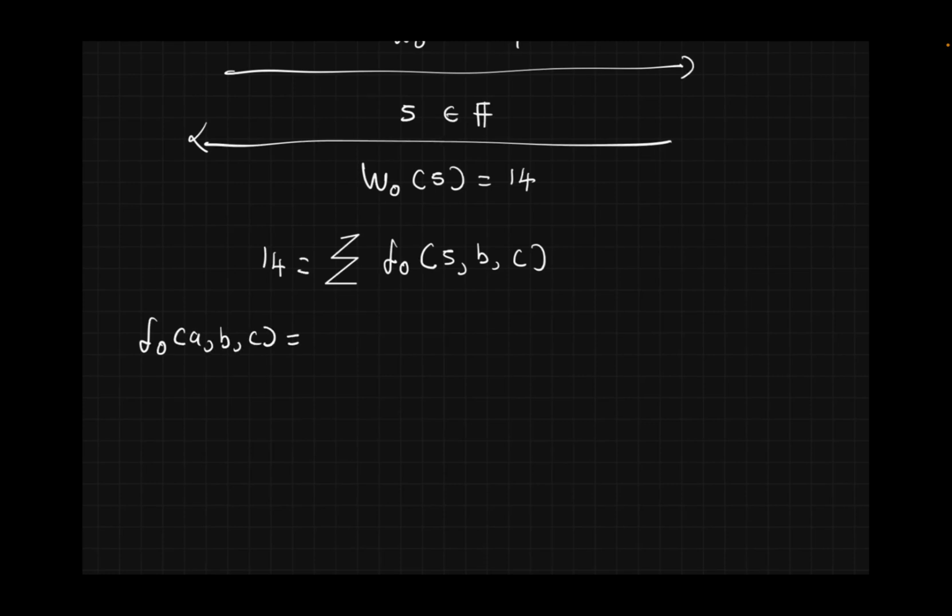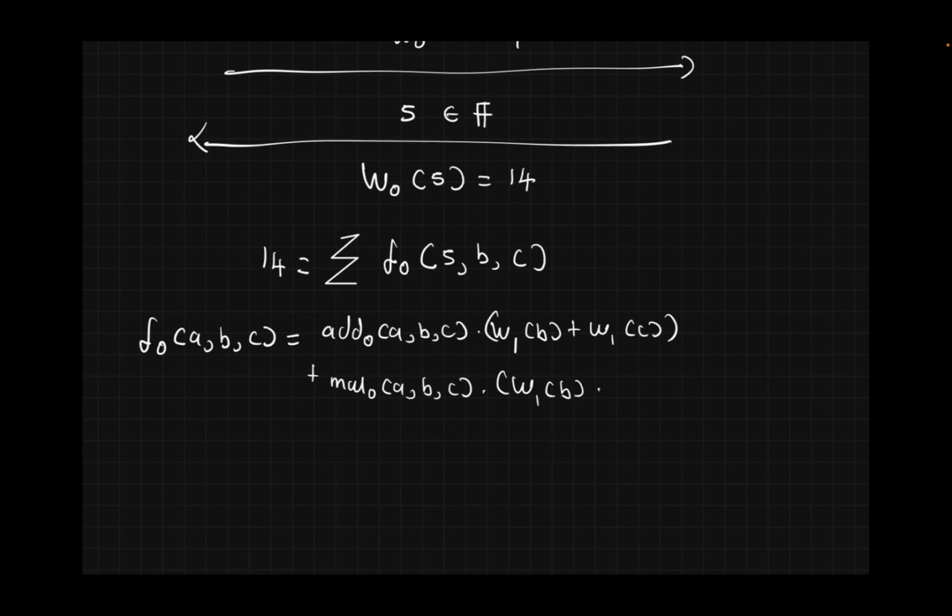F0 of ABC is equal to what? Add 0 of ABC times W1 of B plus W1 of C, right? Then plus. Cool.